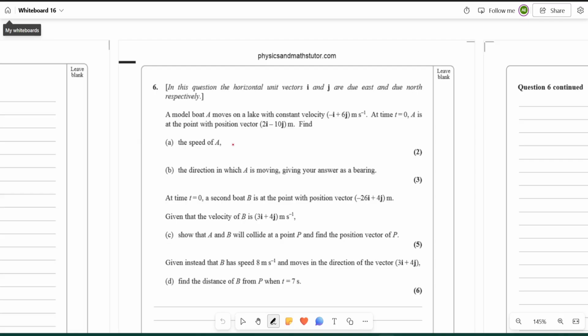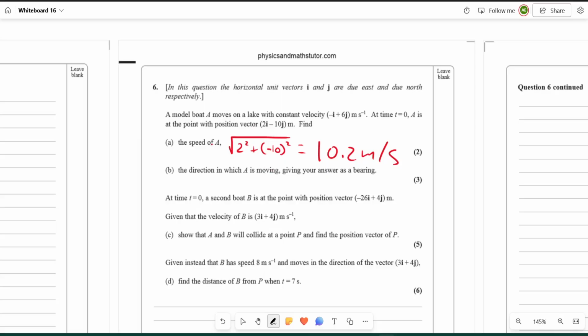So again, speed is going to be the magnitude of the velocity vector. So 2 squared plus negative 10 squared. So that is going to equal square root of 2 squared plus 10 squared. That is going to be around 10.2 meters per second.